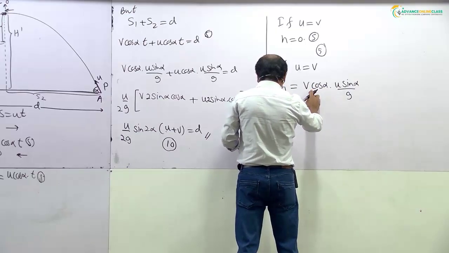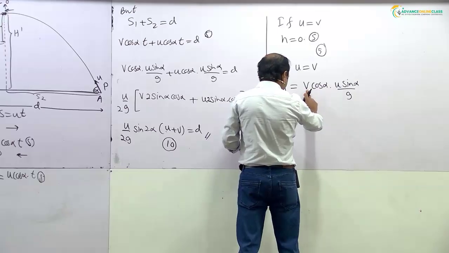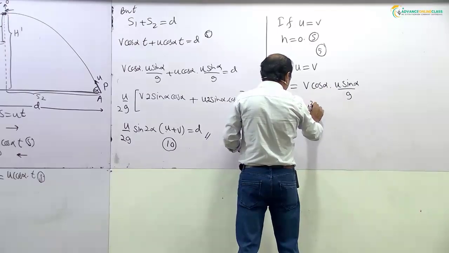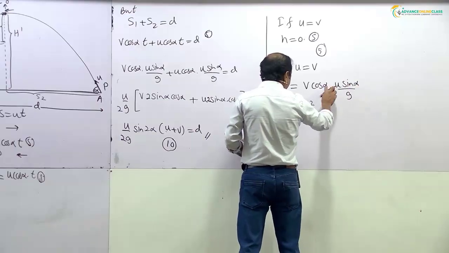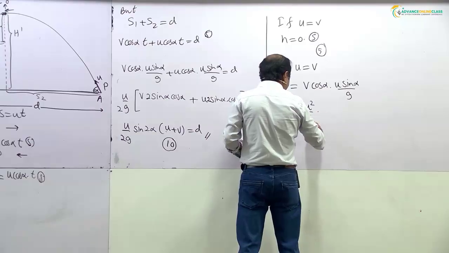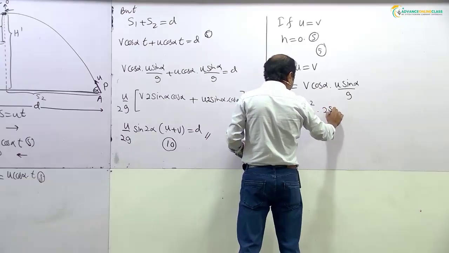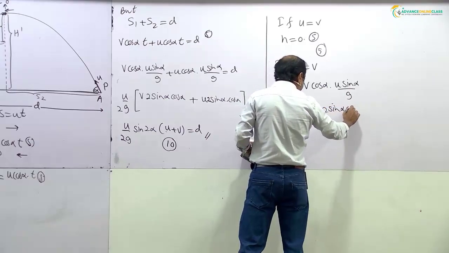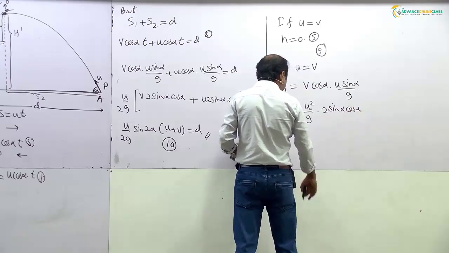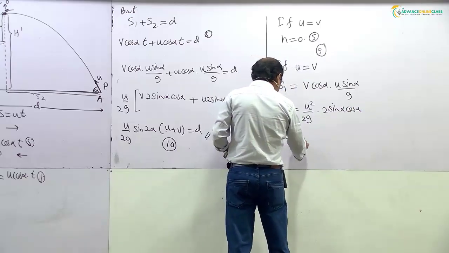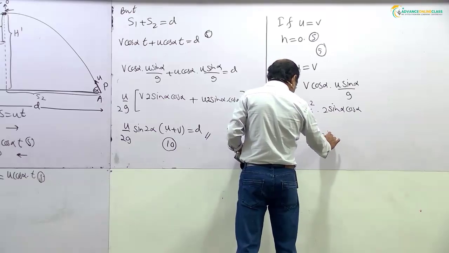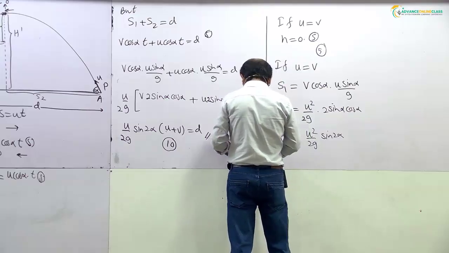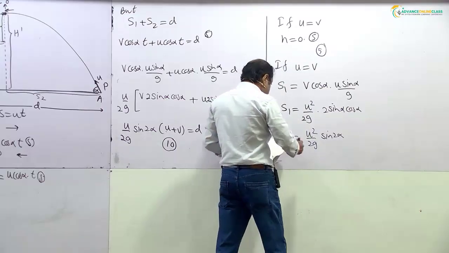U equals V means for this V also I can put U, and we get U squared divided by G sin alpha cos alpha. We multiply that by 2 sin alpha cos alpha. Here, we divide by 2. Then we get S1 equals U squared over 2G sin 2 alpha. Okay. For this, we get 5 marks.